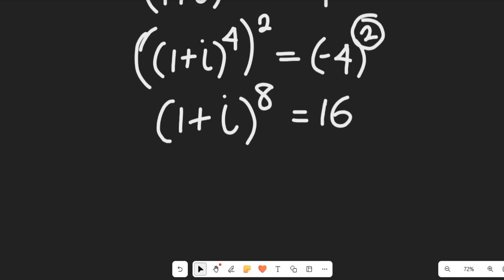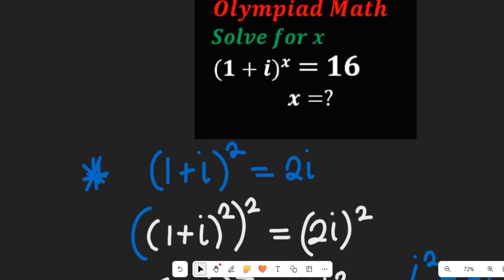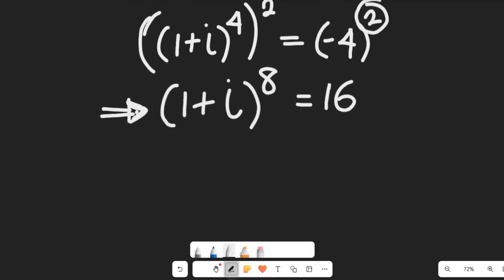So what do we do from here? We want to compare this expression with the initial expression that has been given to us. Remember the question: (1 + i)^x equal to 16. And from this solution, you've seen that (1 + i)^8 is equal to 16.